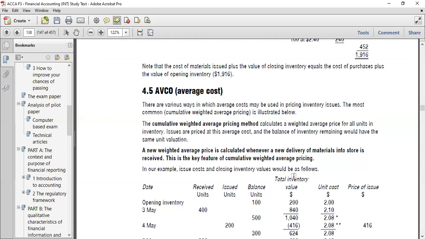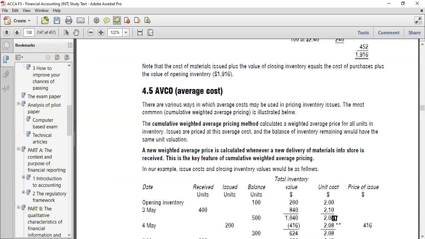For us to get the unit cost that we are going to value this 500 inventory at, we get the total value of inventory, which is the 200 plus the 840, that is 1,040, and divide it by our inventory units, which are 500.